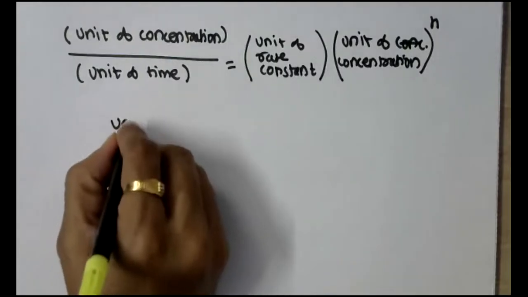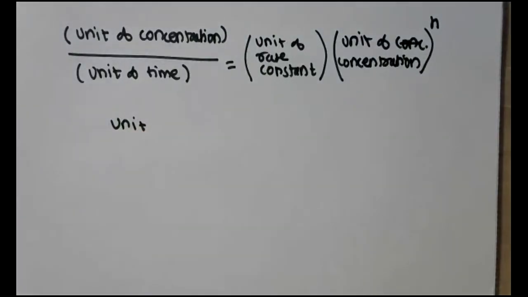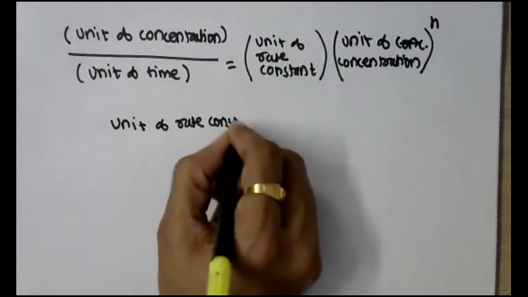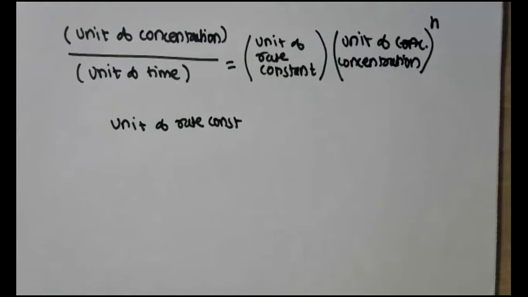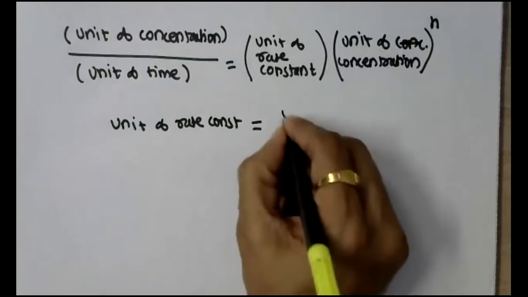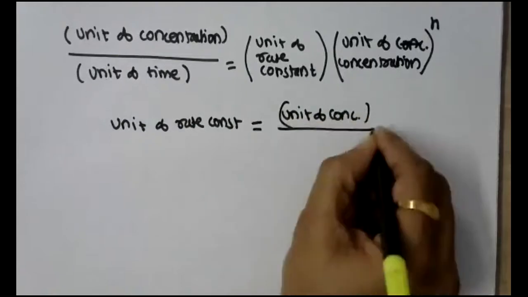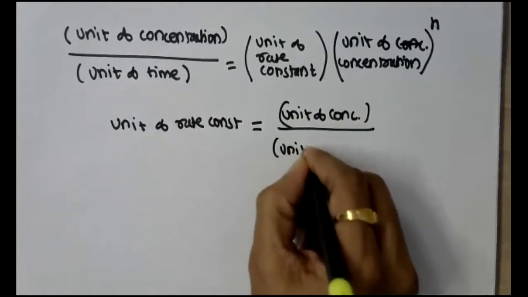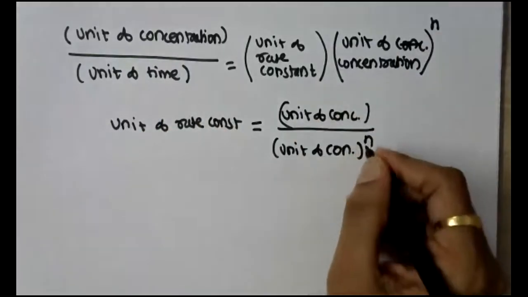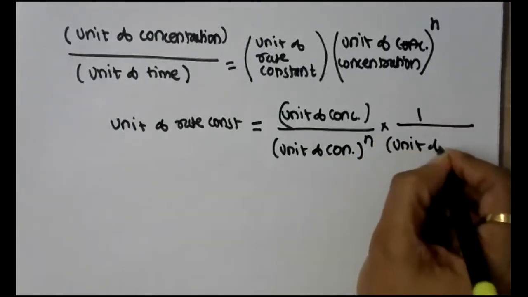So I can write it like this: unit of rate constant is equal to unit of concentration divided by unit of concentration, shifted from this side, raised to n, multiplied by 1 upon unit of time.